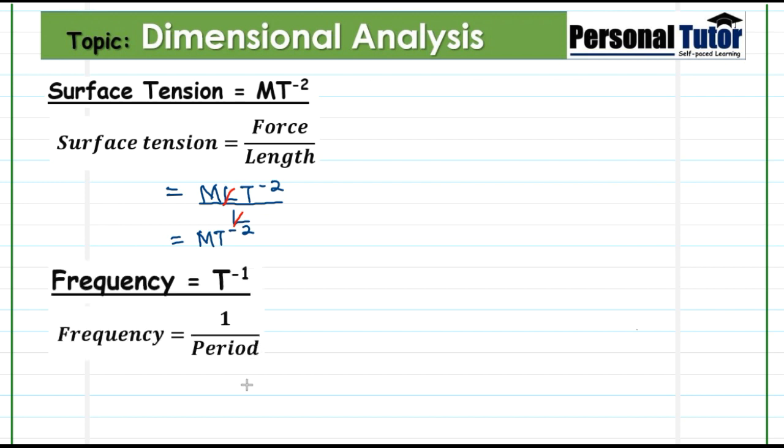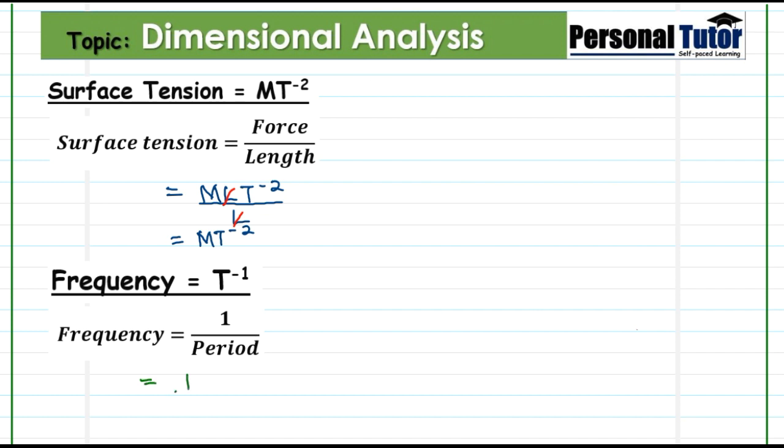Friends, let us then look at frequency, which has a dimensional equation as T exponent minus 1. You see, frequency, as you will later find under wave motion and simple harmonic motion, is the reciprocal of the time period. So it is 1 over period.